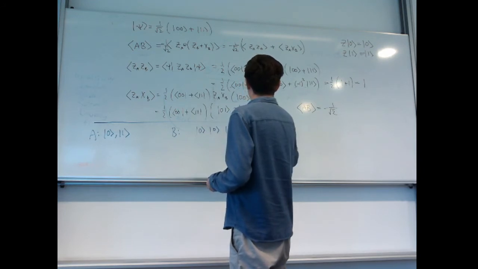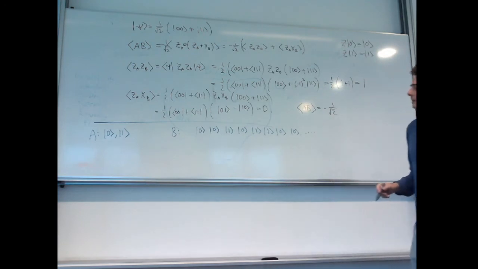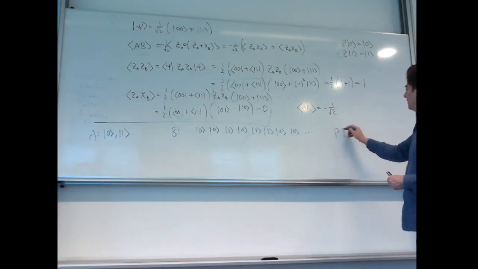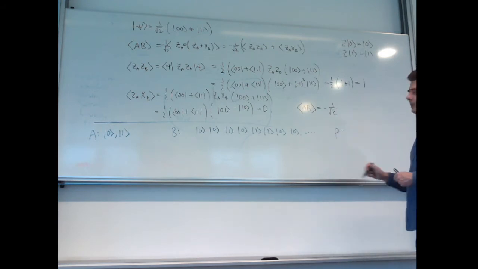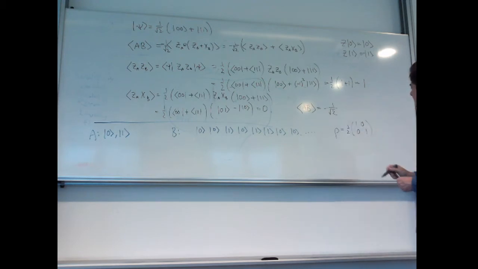And we can use what we learned in the last lecture: a mixed state of such an ensemble would be the state which is 50-50 density matrix 0, 0, and 50-50 density matrix 1.